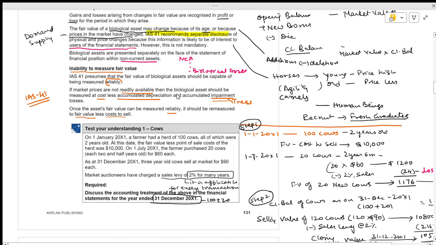Inability to measure: if market prices are not readily available, then the biological asset should be measured at cost less depreciation and accumulated impairment losses. Once the asset's fair value can be measured reliably, it will be remeasured at that. Okay, this is what it says.